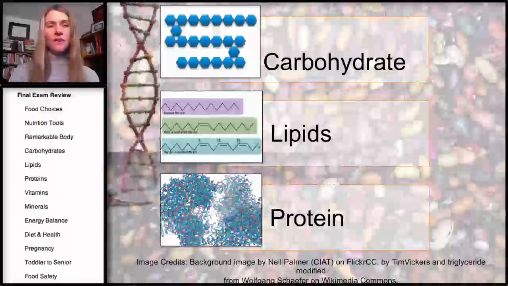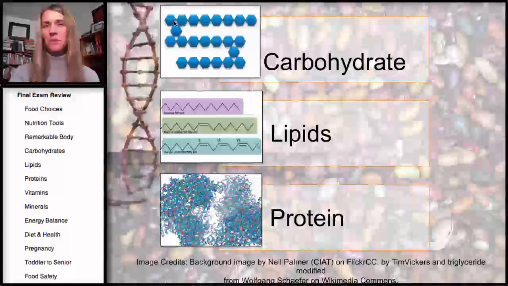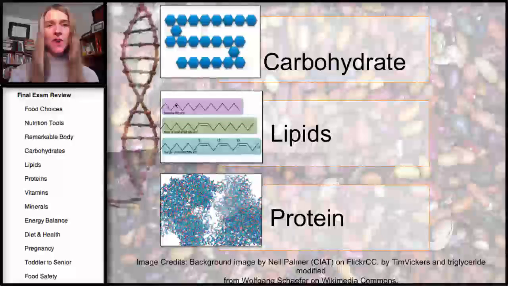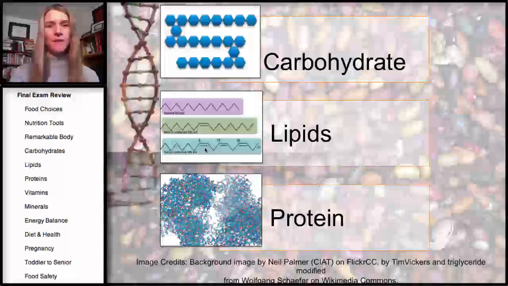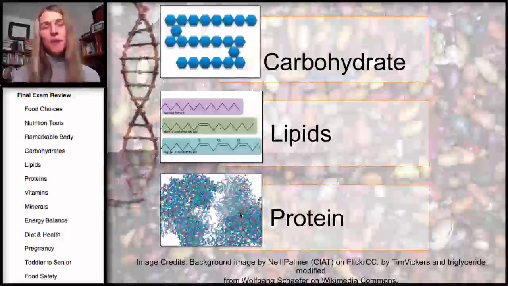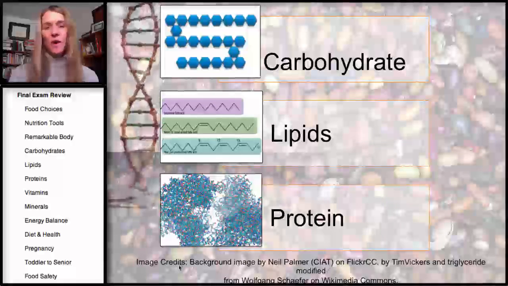Now, the only reason I show you this here is, when we look at a carbohydrate, it's pretty simplistic. We just have this glucose linked together. The lipids, these are carbons, and they each have hydrogen on there, maybe a double bond or a few double bonds. And look at protein. Look how complex protein is compared with lipids and carbohydrates.